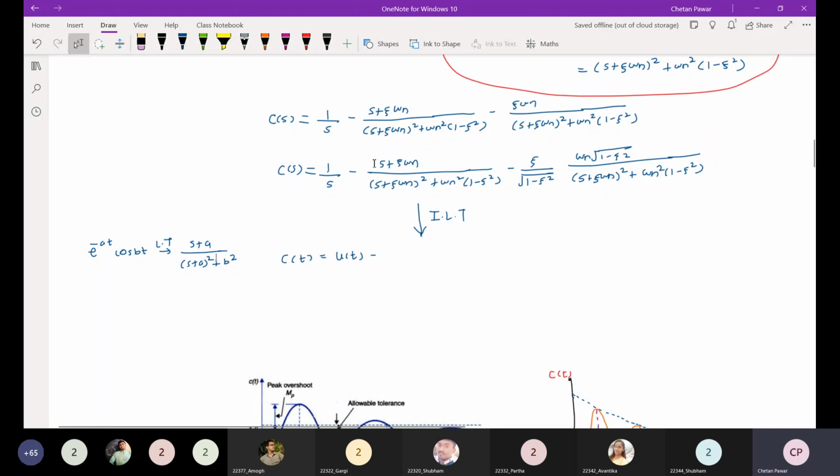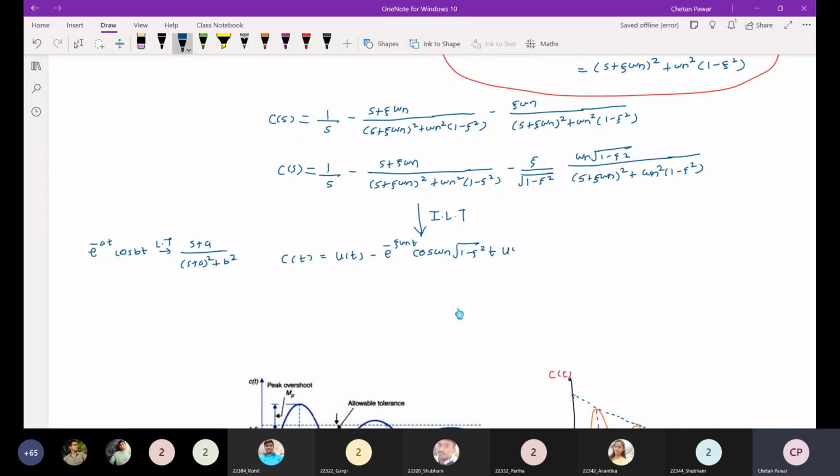It is e raised to minus zeta omega n t into cos of omega n square root of 1 minus zeta square into t. The b square term is omega n square into (1 minus zeta square).